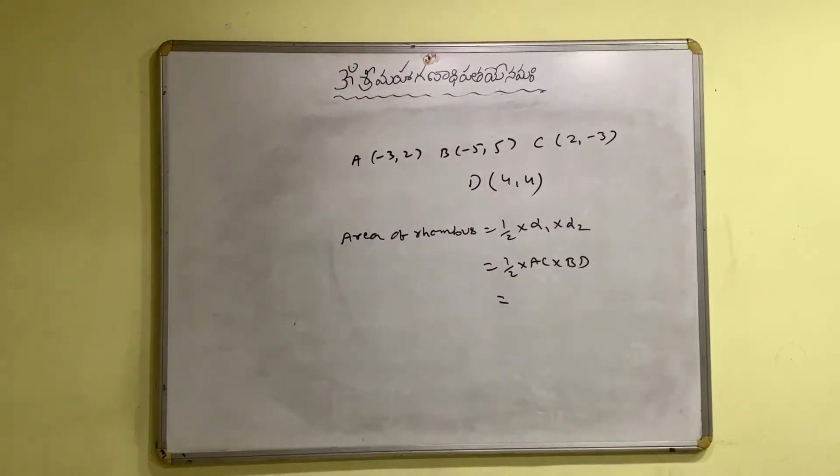Now find the length of the diagonals and multiply them. Take half of them. It is not necessary to verify whether the diagonals are equal or not. Just find out the area of the rhombus. That's all.